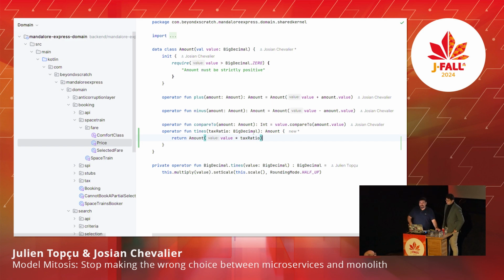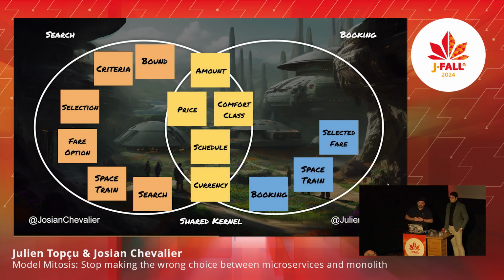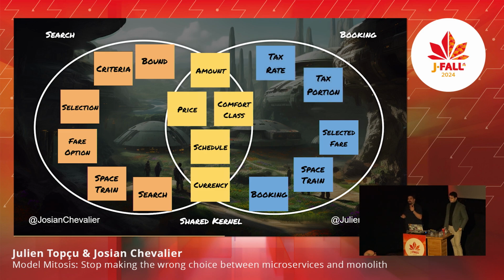But I think it doesn't really understand what we are doing so far, so let's supervise a bit more its learning. So here, we created a new behavior, which is the tax portion computation in the booking, which introduced new concept, tax rate and tax portion. But those concepts put kind of tension on the price and the comfort class in the shared kernel, because they need to evolve to take them into account.